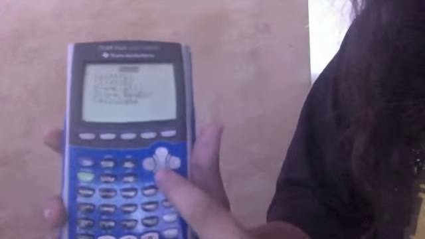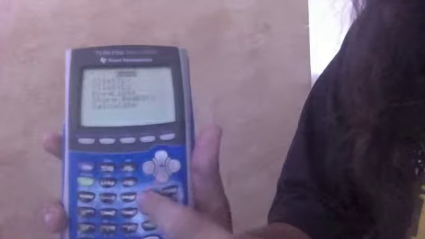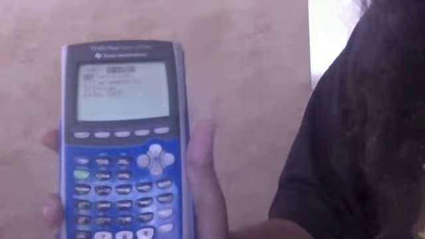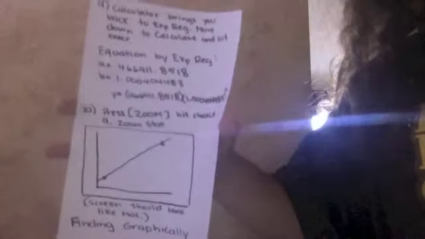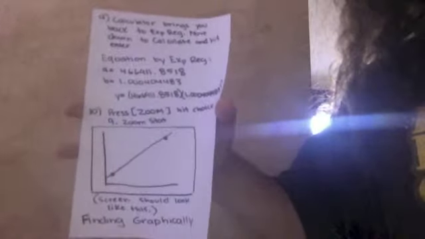Then we will move down to the part where it says store RegEQ, which is store the regression equation. We will hit VARS and move right to the Y VARS. Then we will hit enter the function and enter again.